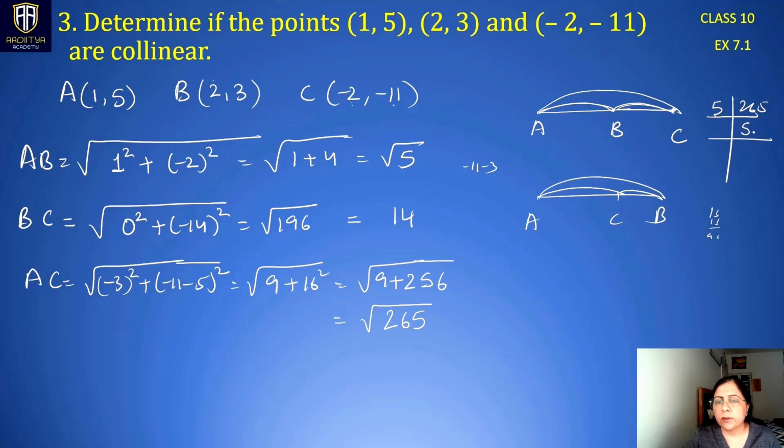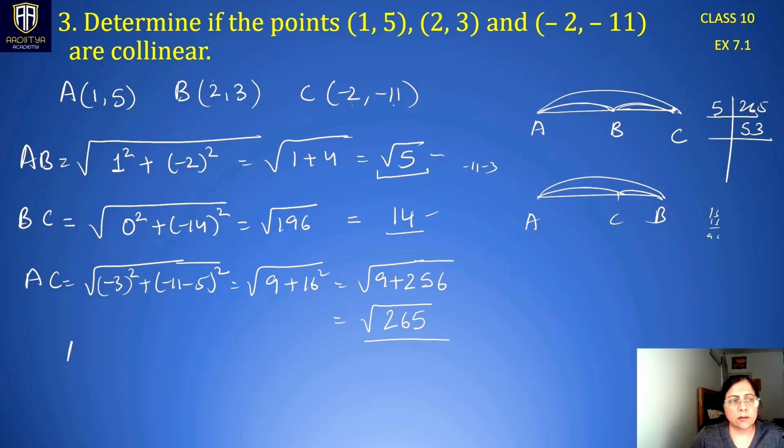5 5s are 25 and 15, 5 3s are 15. That means this cannot be solved further. So we can see that this is square root of 5, this is 14, and this cannot be solved further. Since we are trying to factorize, the square root of 265 cannot be factorized to get some number outside, and you cannot add these numbers.